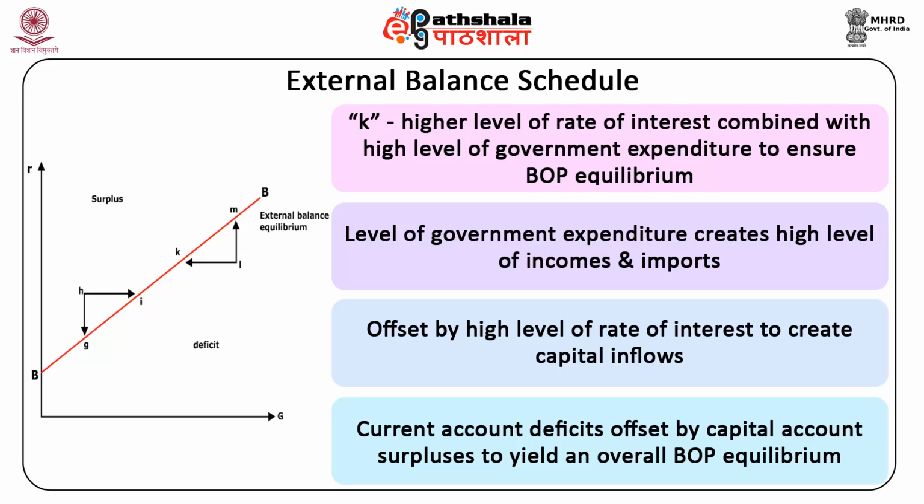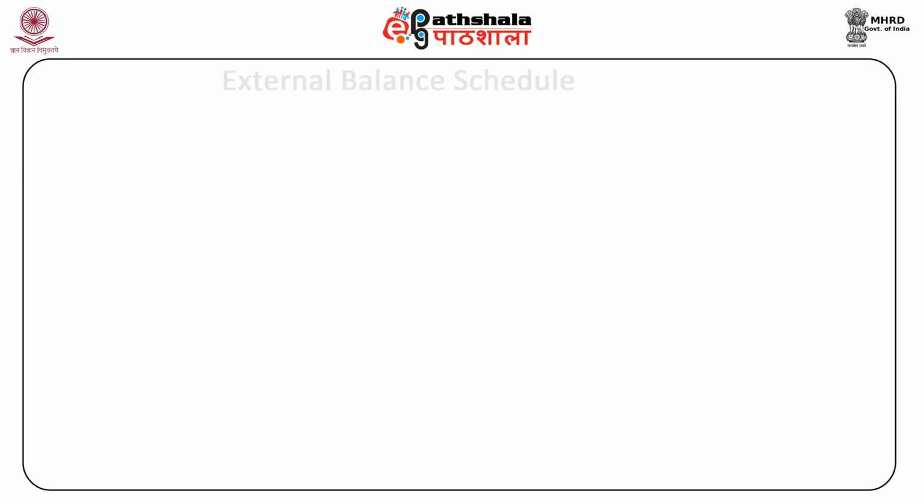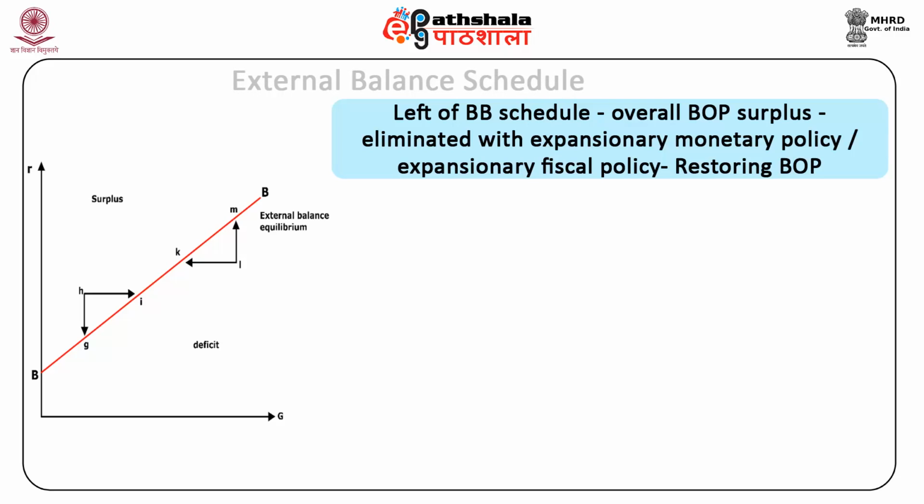If we are to the left of BB schedule at a point such as H, we have an overall BOP surplus, and this surplus can be eliminated either with the help of an expansionary monetary policy, that is, moving from point H to G, or by expansionary fiscal policy, that is, by moving from point H to I, and thus restoring the BOP equilibrium.